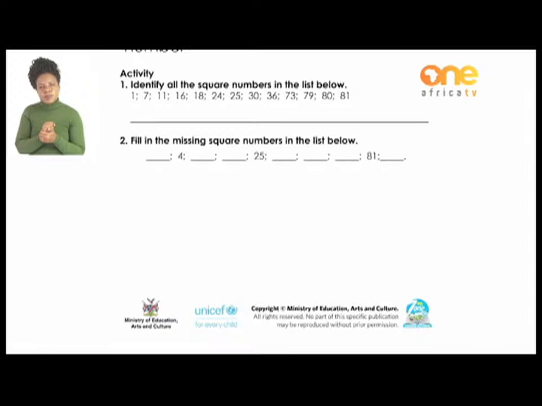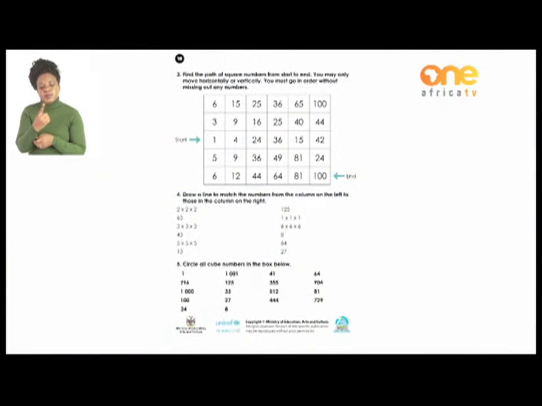We go to page 18 on our booklet, with the third question, meaning to find the path of square numbers from the start to end. You may only move horizontally or vertically.